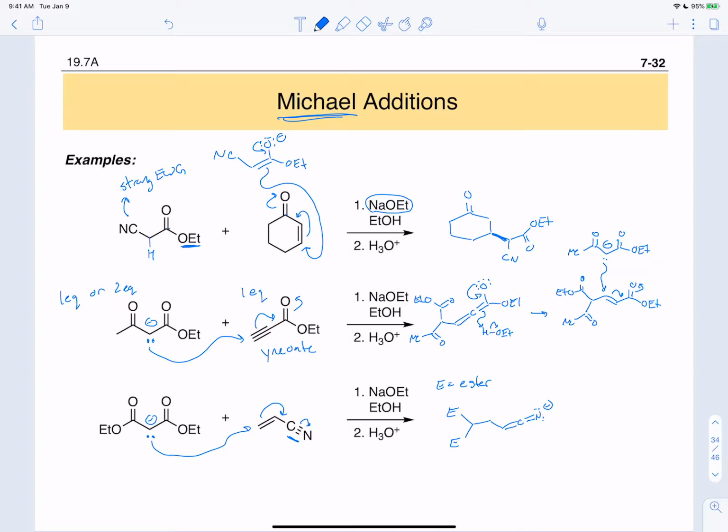Normally, negatively charged nitrogen compounds are viewed as being quite reactive in this class. Remember, this is going to be an sp2 hybridized nitrogen, so it's quite a bit lower in energy, though it'll still very quickly get reprotonated by ethanol afterwards.